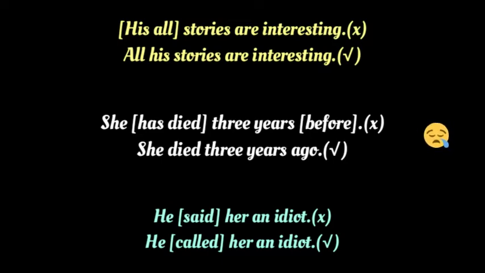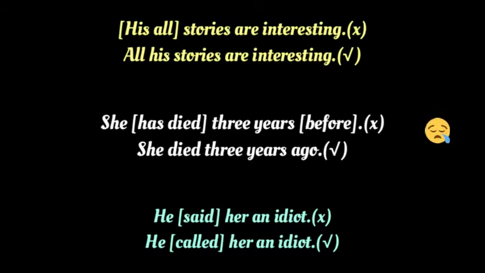In this case, "all" is a predeterminer, so it will come first, followed by the central determiner, "his." So the correction is, "all his stories are interesting." Please watch my previous video on determiners for a better understanding.